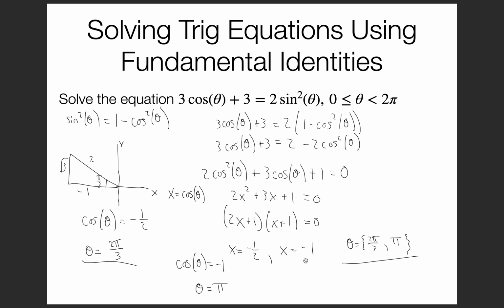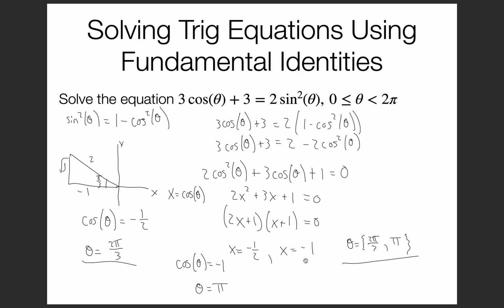Does that happen anywhere else? Do I get that the cosine of theta is equal to -1/2 anywhere else? And the answer is no. Okay? So the answer is yes. I made a mistake.